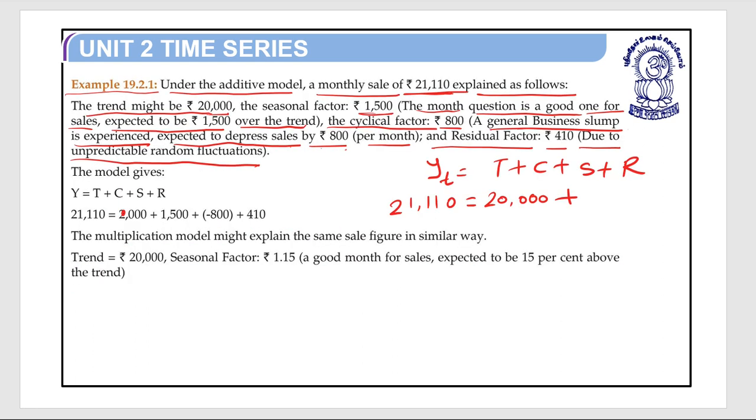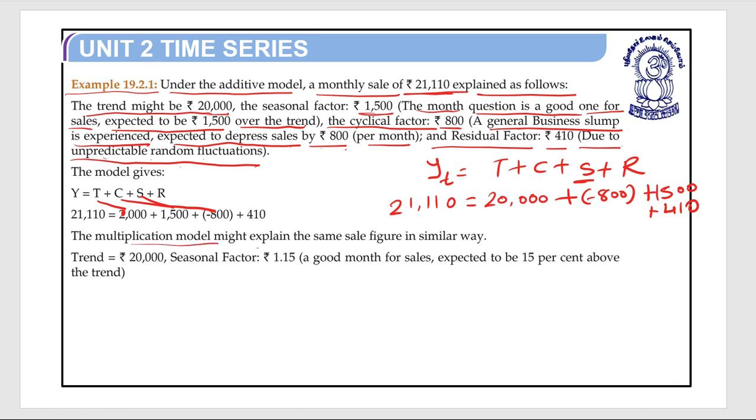So we have 20,000, C for minus 800, S for seasonal factor plus 1500, and residual factor is rupees 410 due to unpredictable random fluctuation, so plus 410.